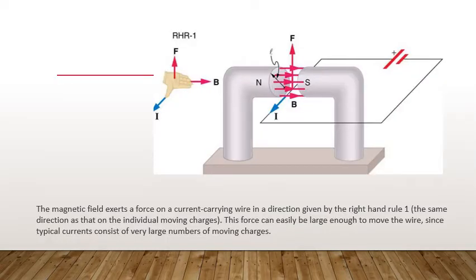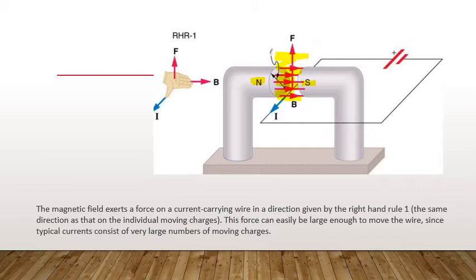Before going into detail, see this figure. In this figure, we have designed two magnetic poles, N and S. This is your north pole and this is your south pole. And there is a gap between the north pole and south pole.